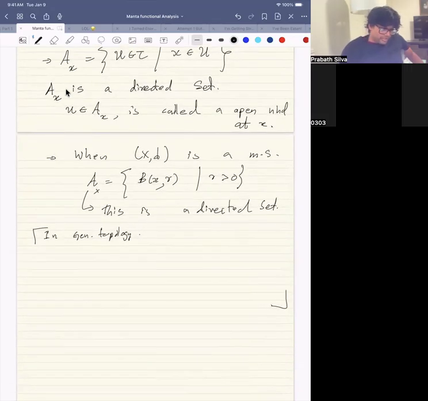In general topology we have neighborhoods like A of X, that's all the neighborhoods.